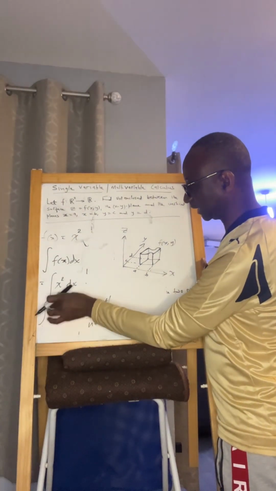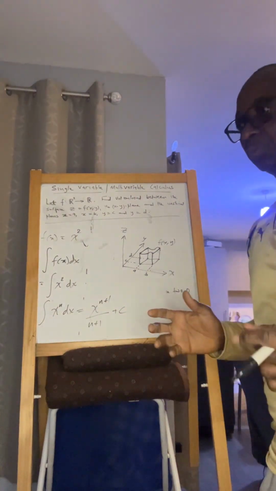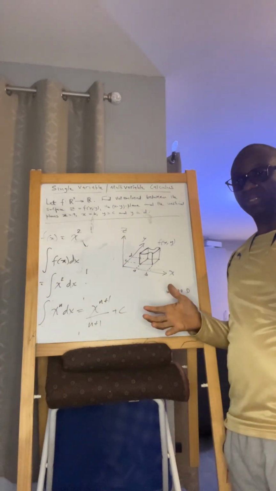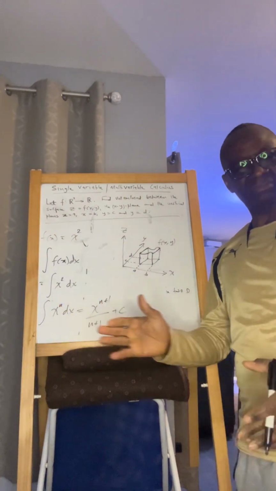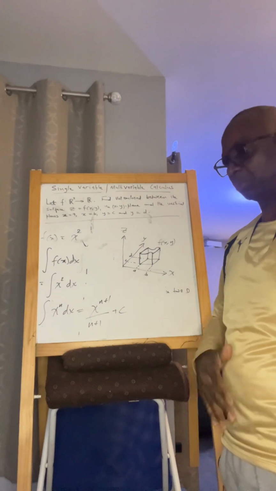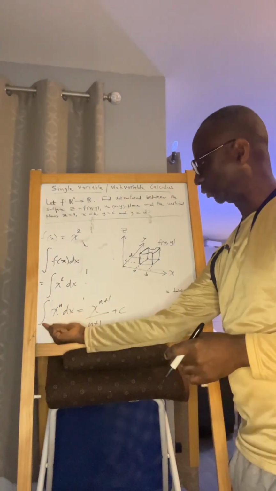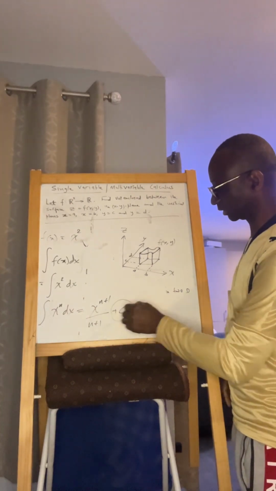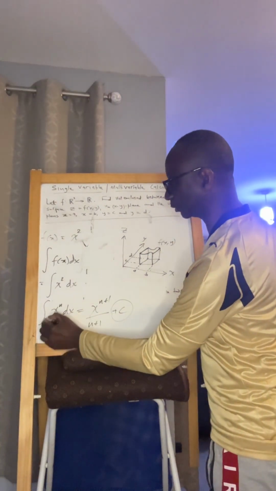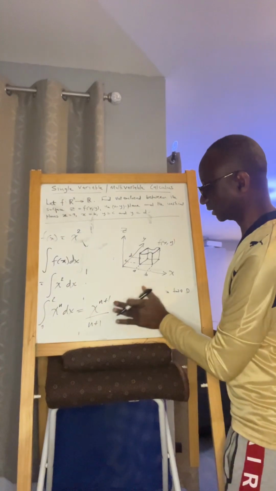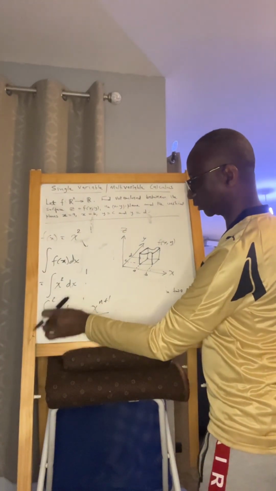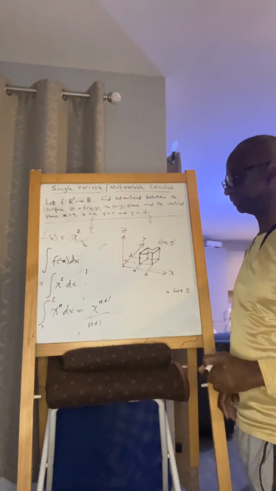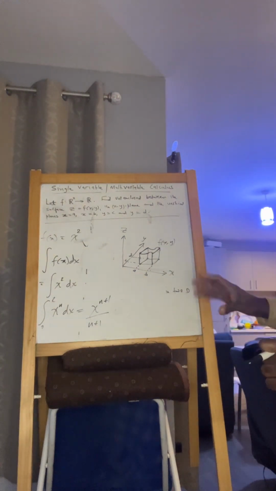You've not been given the intervals. When you are asked to find the area of something, they must give you intervals, starting from this point to this point. If something was here like 0 to 2, you don't need this c. These numbers account for the c.